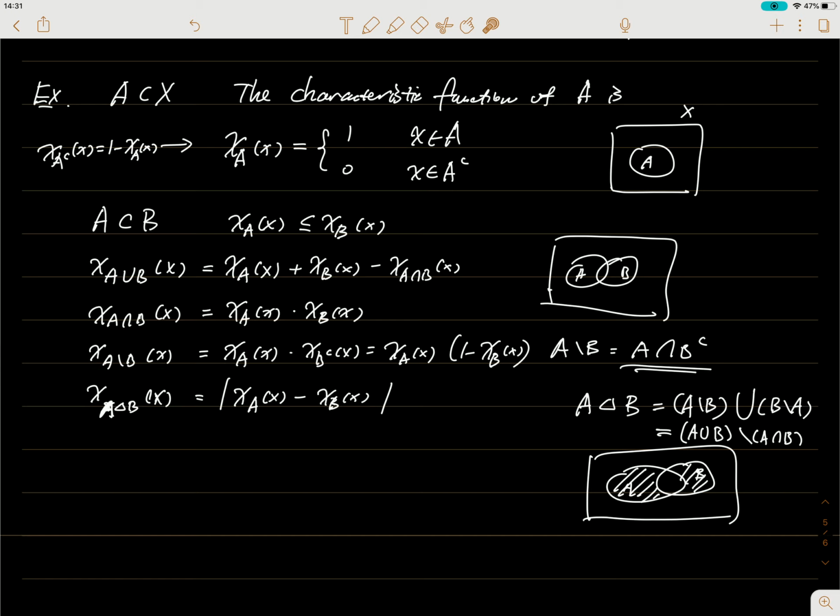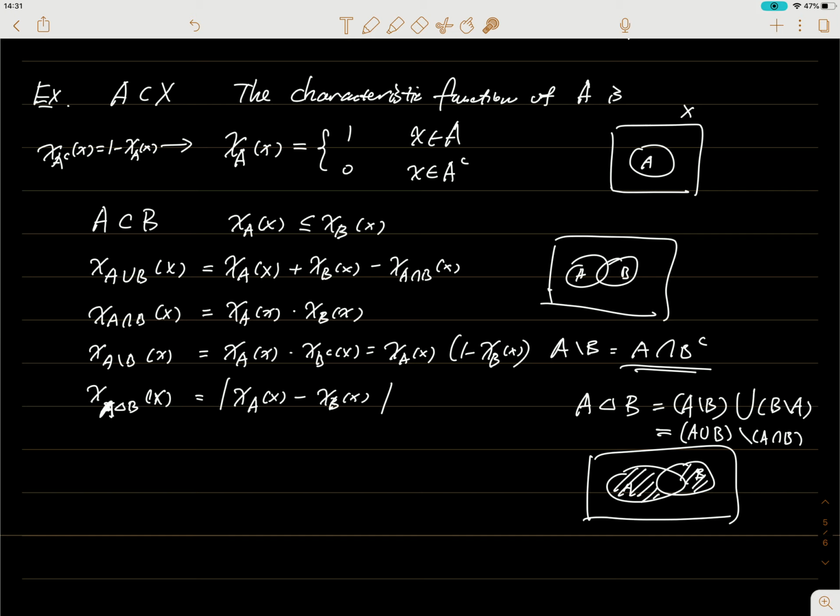And also the symmetrical difference of A, B. So you see a triangle in between A and B. That's called a symmetrical difference between A and B. So what that means is it's a collection of elements that are in one of these two, but not both of them. So if I draw a picture, this will be A, this will be B, and the symmetrical difference of A and B will be this area and this area, because it will be only in one of them, but not both of them.